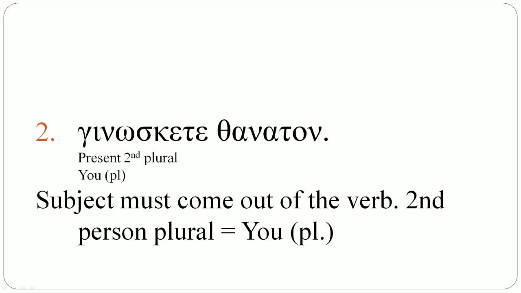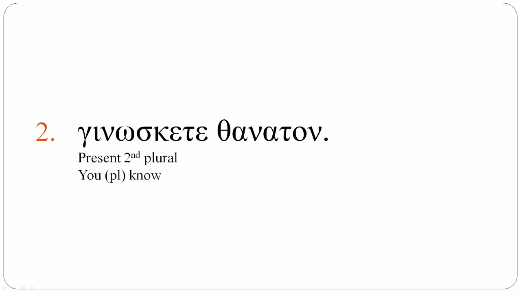So, because there isn't a nominative, you have to get your subject out of the verb. Okay, it is second person plural, so therefore the subject of this verb is you plural, or y'all. And then if you look at the vocab list of this chapter, you will learn that ginosko means I know. I know, and so therefore the second person plural form of that is you plural know.